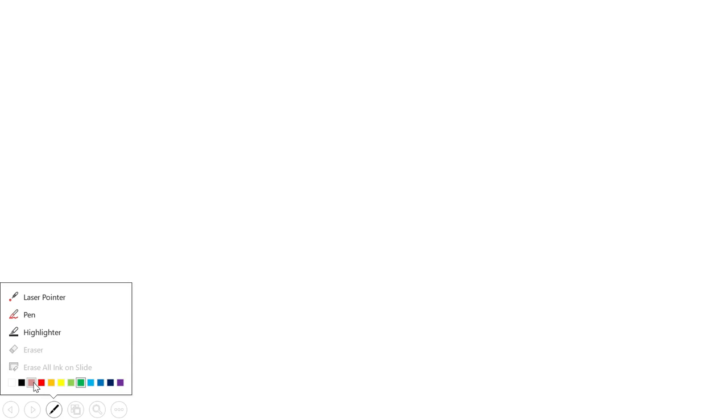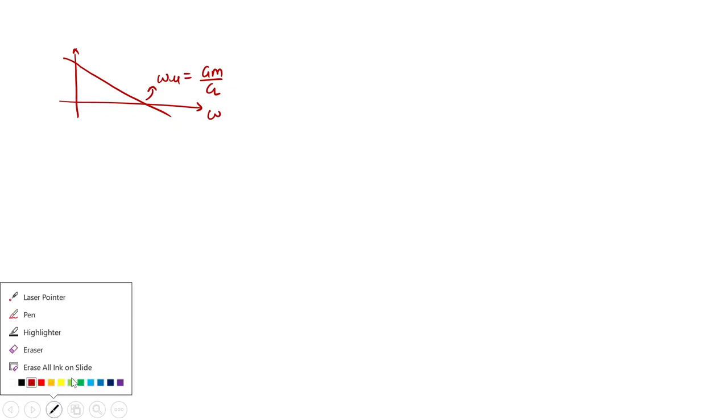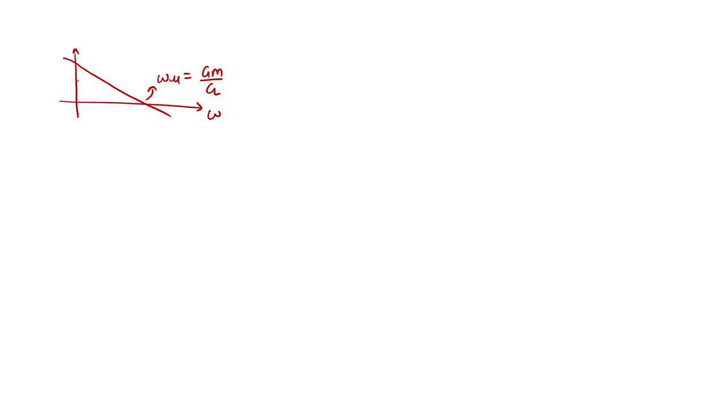Okay, now we'll compare both the Bode plots. So actually ideally we wanted this as a Bode plot, which is nothing but omega u is gm by CL. This is omega on log scale. And what is happening for the practical circuit? Okay, so this is the ideal consideration, and for the practical, what is happening?